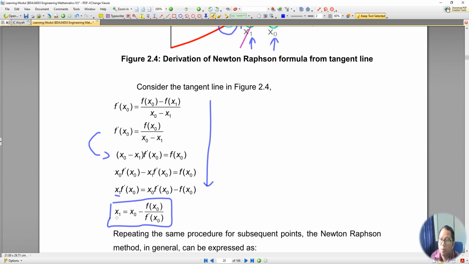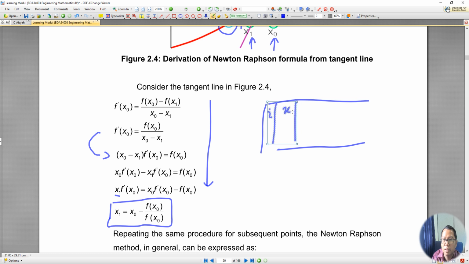But this is the important equation for you to identify the next value of x. We have a table with iteration and the values of x: x naught, x1, x2, x3, and so on. To identify x1, x2 and so on, we use this equation.